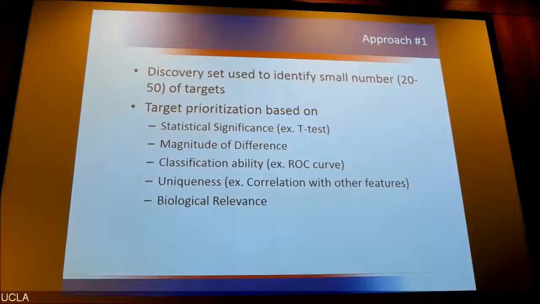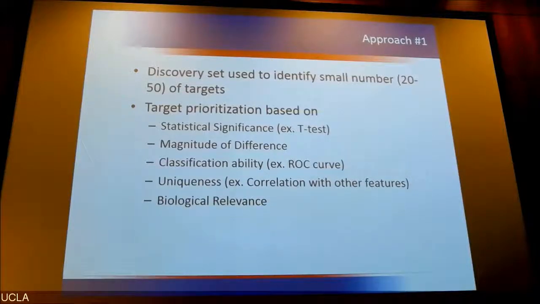Often the way we prioritize the markers depends on a number of different features. There's standard statistical significance. Look at the p-value. If it's a two-sample test, we can compare the expression of a particular marker between our cases and controls using a t-test. But that's often not really sufficient to identify what we want.